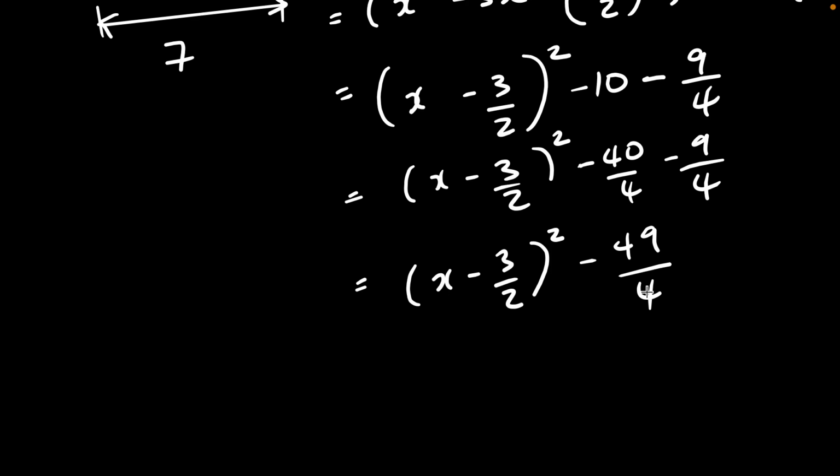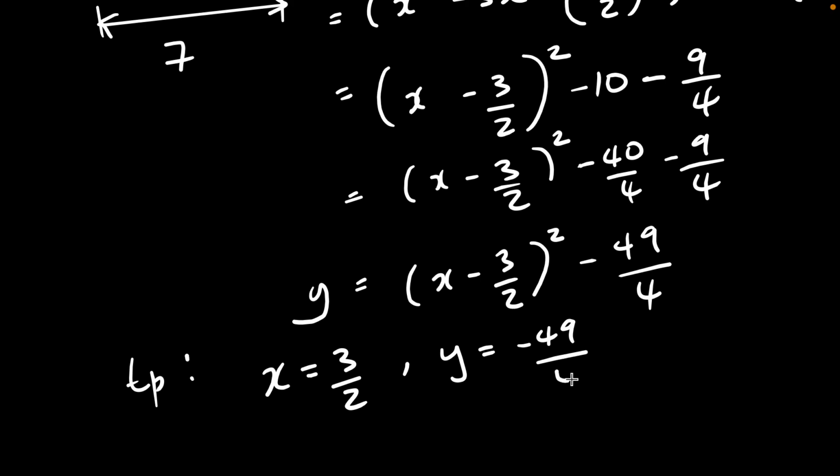And if this is our completed square form of our original equation, then our turning point is going to occur where x is equal to 3/2, the value of x that makes this 0, and that means that y is equal to -49/4. And this is the coordinate, or these are the coordinates of our turning point.